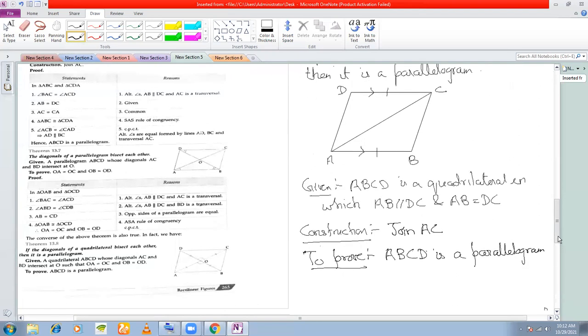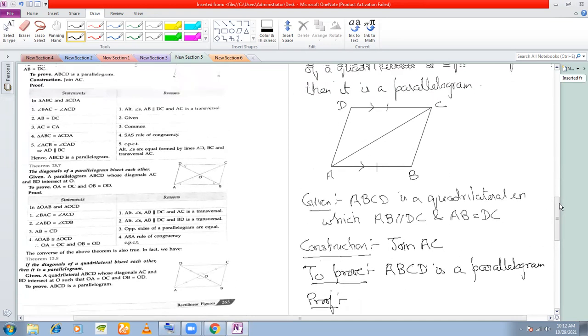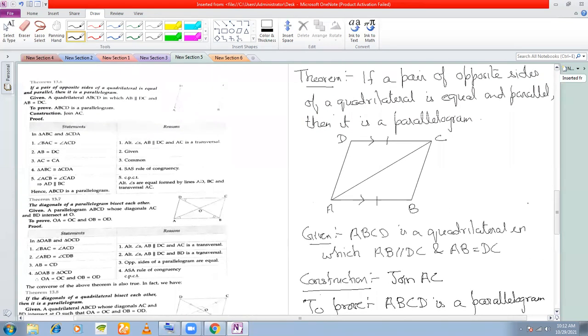Okay, let's start with the proof now. Here you need to prove that these two triangles are congruent, just as we had done earlier, but maybe we require a different axiom. First of all, you see that sides AB and DC are equal in these two triangles.